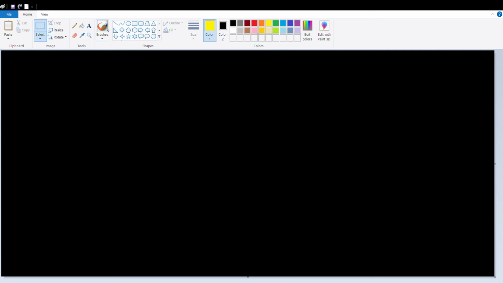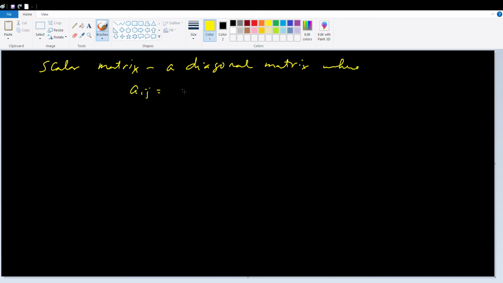Then we also have a scalar matrix. A scalar matrix is a diagonal matrix where Aij is equal to some constant k for all i equal to j.